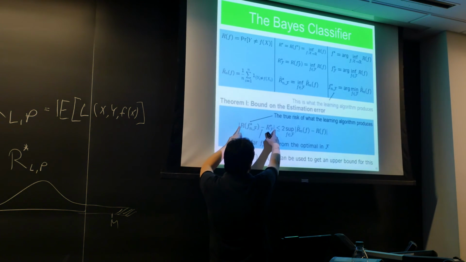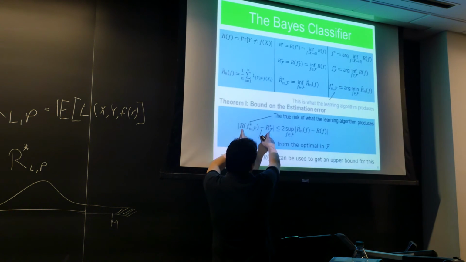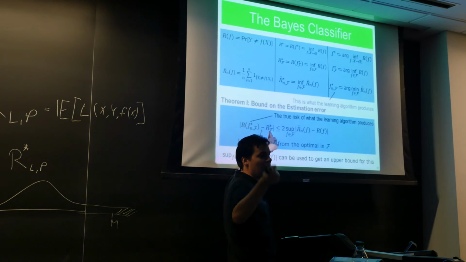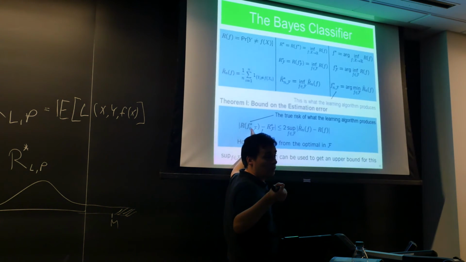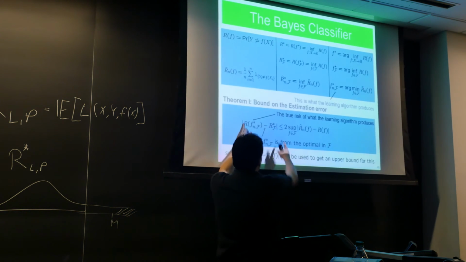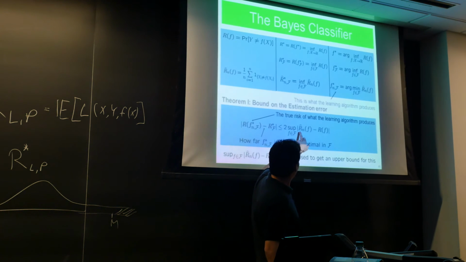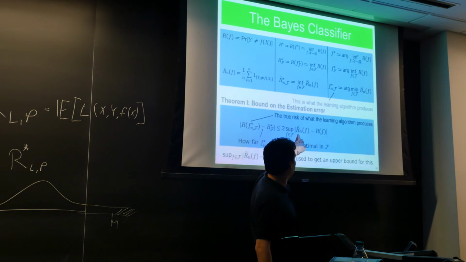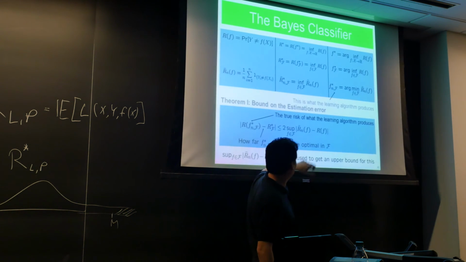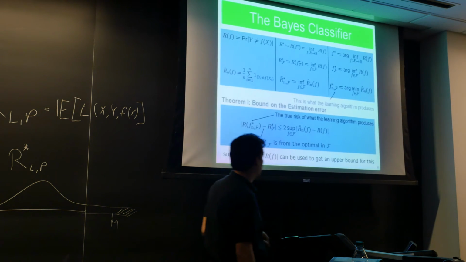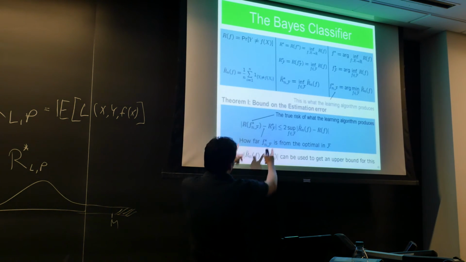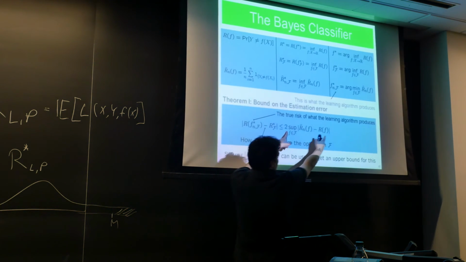And we can prove that the difference between these two quantities is less than 2 times the supremum over this. So R hat n of f is the empirical risk of a function f, and R of f is the true risk. So the point is that if I want to bound this quantity, then I just need to bound this quantity here.